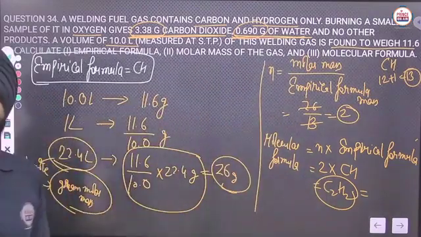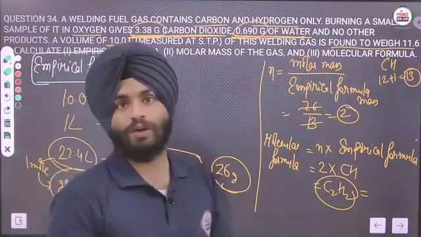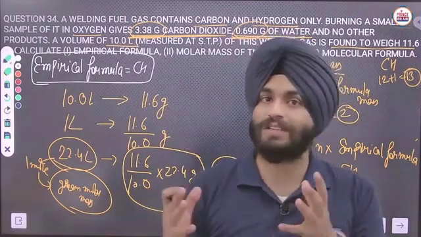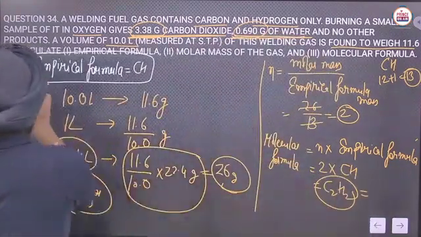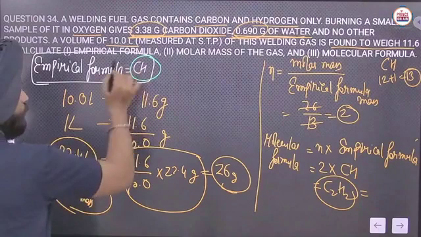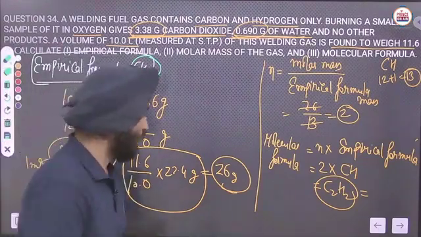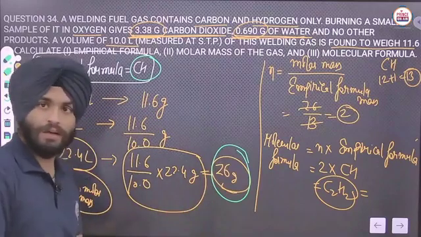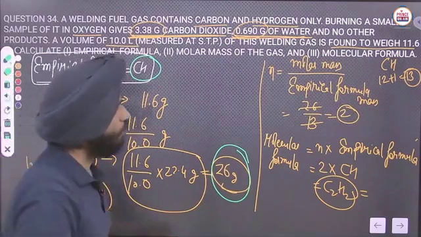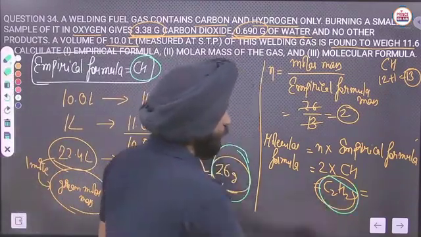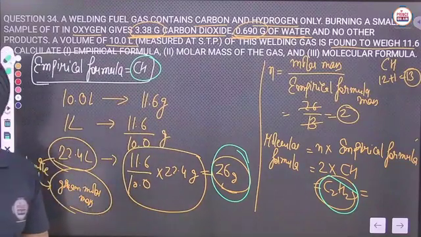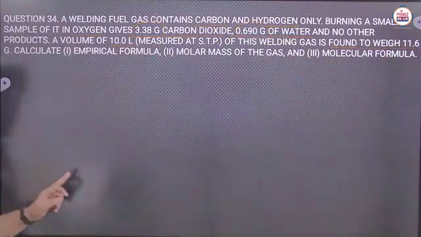So the first question was to calculate the empirical formula. The empirical formula is CH here. Then we had to calculate the molar mass of the gas. Molar mass is 26 here, and then we had to calculate the molecular formula. The molecular formula is C2H2. So that is the answer to this question.